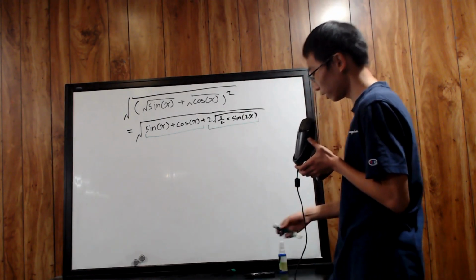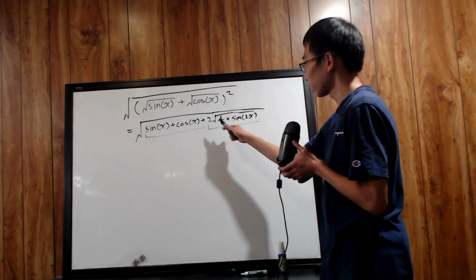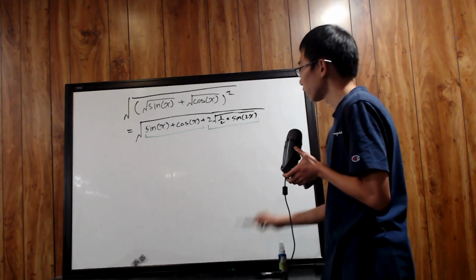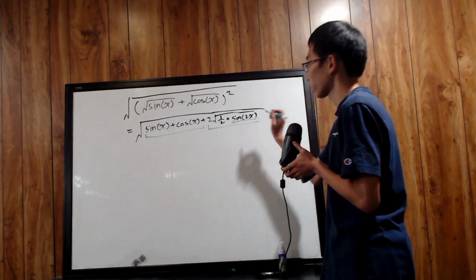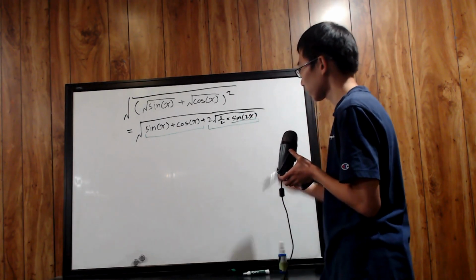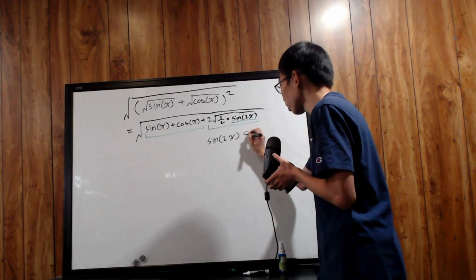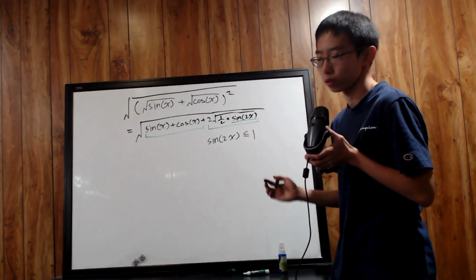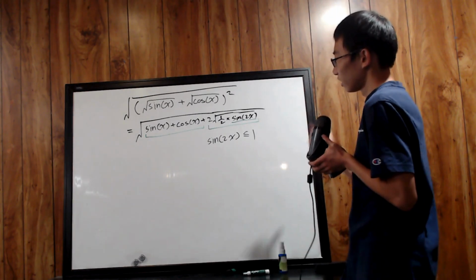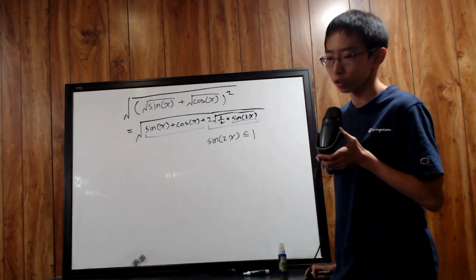Well, this one is very easy. Notice that if you want to maximize this entire expression, you have to maximize sine 2x itself. Well, we know that sine 2x is smaller or equal to 1. Its maximum basically is 1. So, what value of x will achieve that?